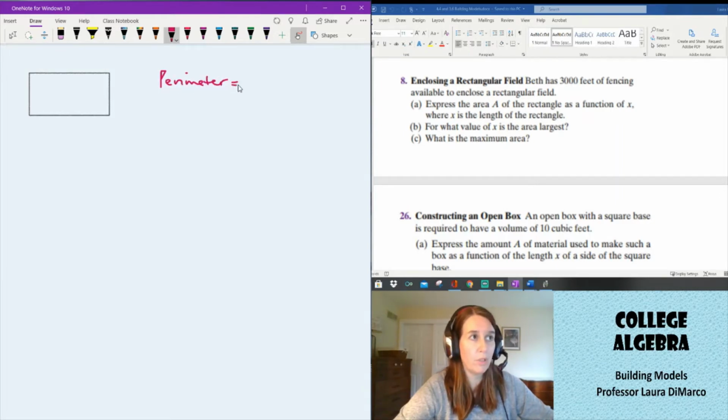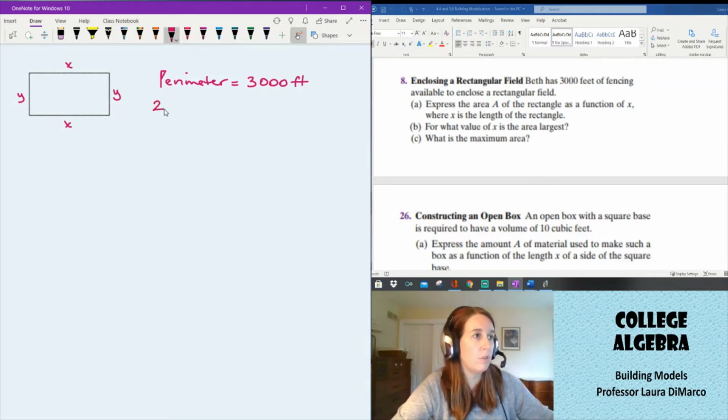So the perimeter is going to be 3,000 feet. We know it's a rectangle, so whatever this side is, this side will be the same, and whatever this side is, this side will be the same. But we don't know that all four of them are the same. That would be a square, right?